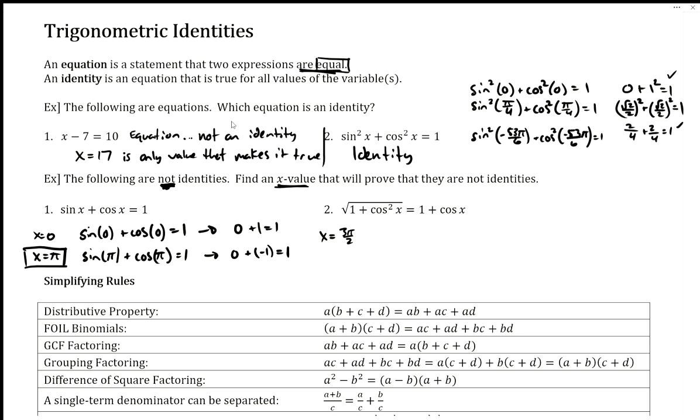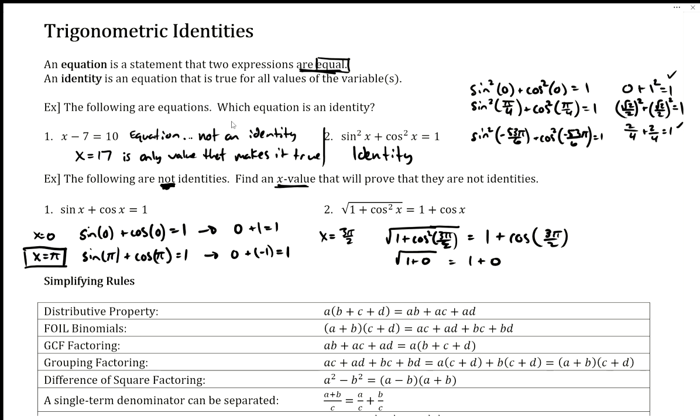On the left we would have the square root of 1 plus cosine squared of 3 pi over 2, and we want to see if the right side equals the same thing, 1 plus cosine of 3 pi over 2. Cosine of 3 pi over 2 is 0. So the left gives us the square root of 1 plus 0, and on the right, 1 plus 0.